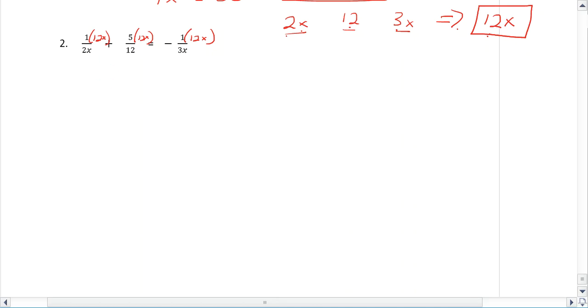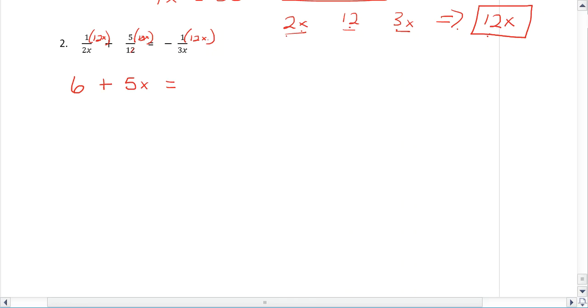So now I have 12x divided by 2x. Well, the x's cancel, and 12 divided by 2 is 6. Keep your plus sign. This next fraction, I have the 12's canceling, and 5 times x is 5x. Keep your equal sign.